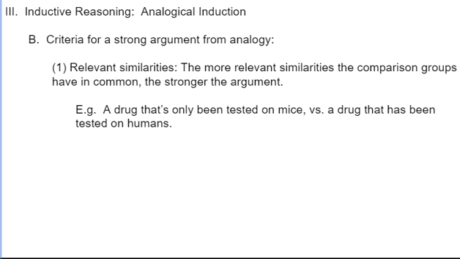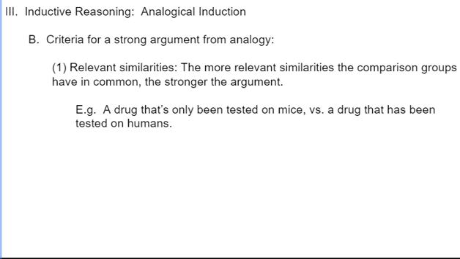As opposed to, let's say they've only tested it on mice. There's lots of relevant similarities there, but obviously not as many as there are between you and another human being. Right? So how predictive is the success that this medicine had with the mice of the success that it will have with you? Well, not quite as strong, right?